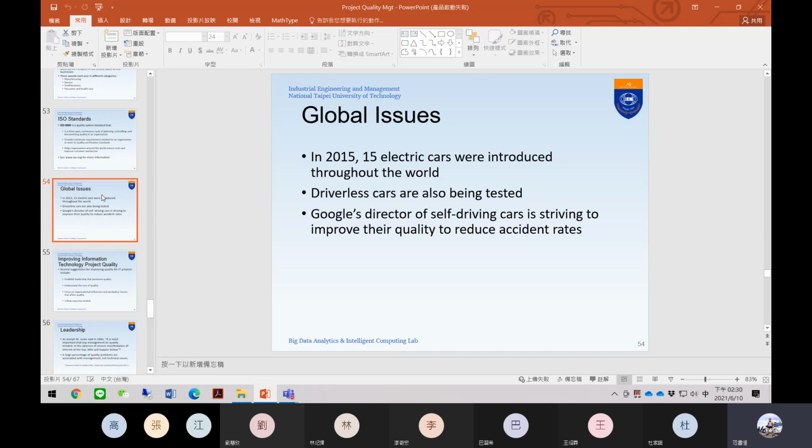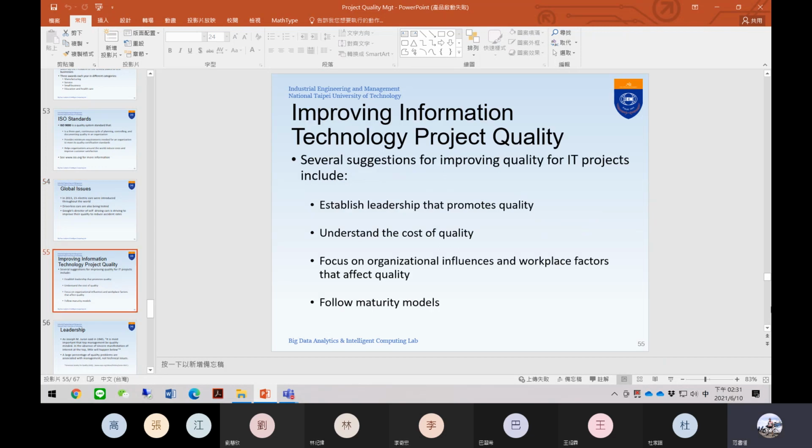A Google director of self-driving cars is striving to improve quality to reduce the accident rate. Google has its own driverless car, and I think Apple designed their own. So, improving quality, improving information technology project quality.